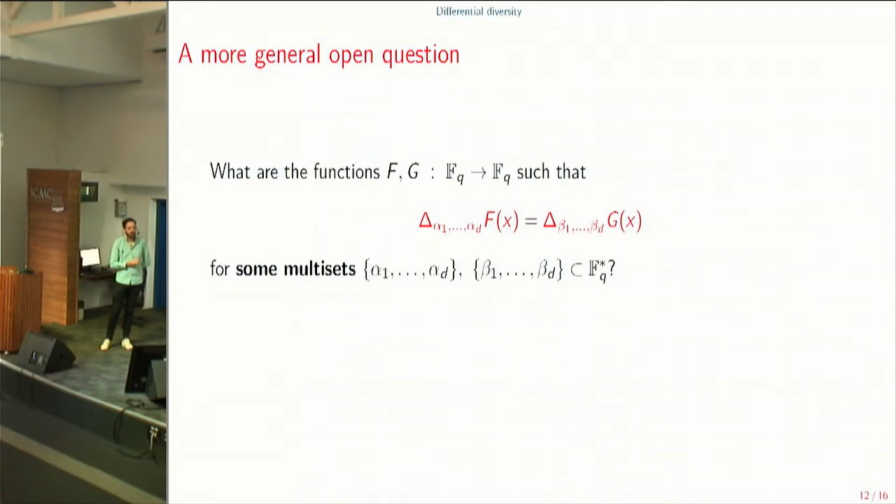Intuitively, when you differentiate, the algebraic degree diminishes and the image set also diminishes. So you have fewer and fewer functions available to you. So it's normal that for different functions and different multisets of directions, you're going to have some collision at some point. So when does it happen and what does it mean?